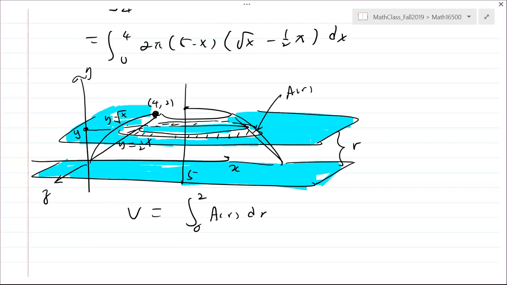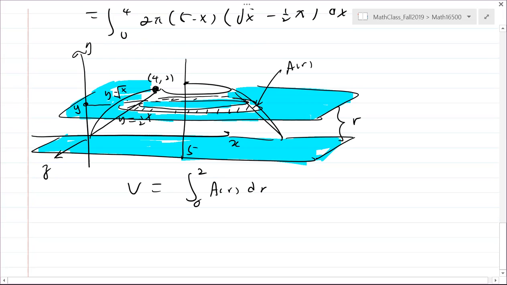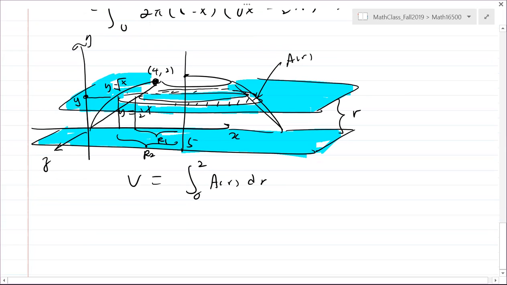You need to figure out the radius. This is R1, this is R2, okay?